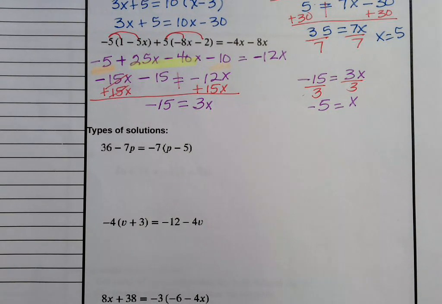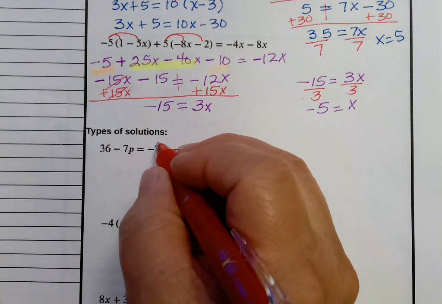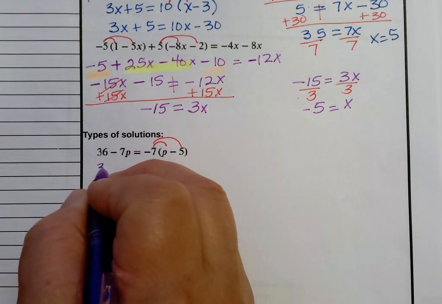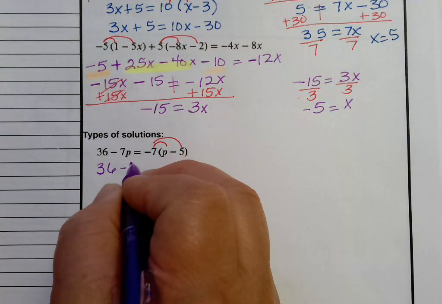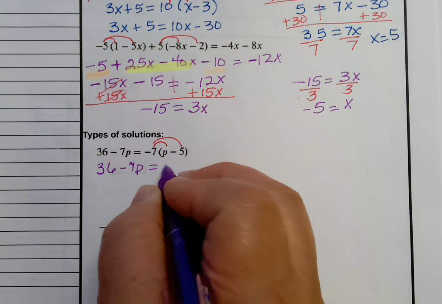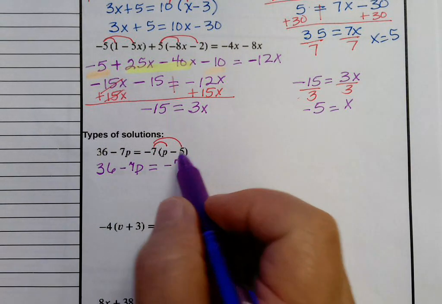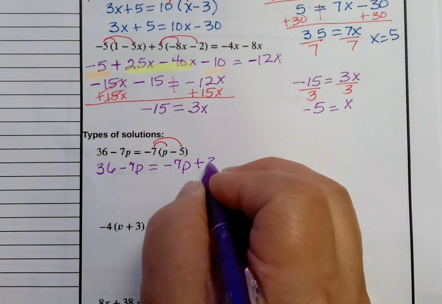I hope you tried to do a little bit of it on your own. Remember, we have to simplify. We've got to distribute that -7. 36 minus 7p is equal to -7p. And then -7 times -5 is plus 35.